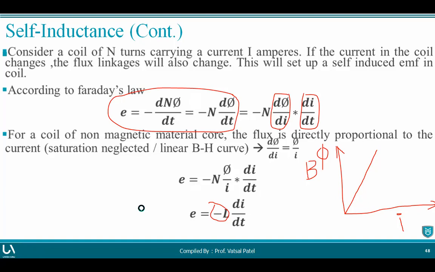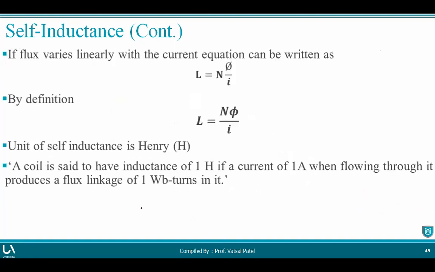Now, we are continuing this theory about self inductance. If flux varies linearly with the current, as we discussed in the previous slide, L is equal to what? N phi by I. So by definition, this is the self inductance, and the unit of self inductance is Henry.